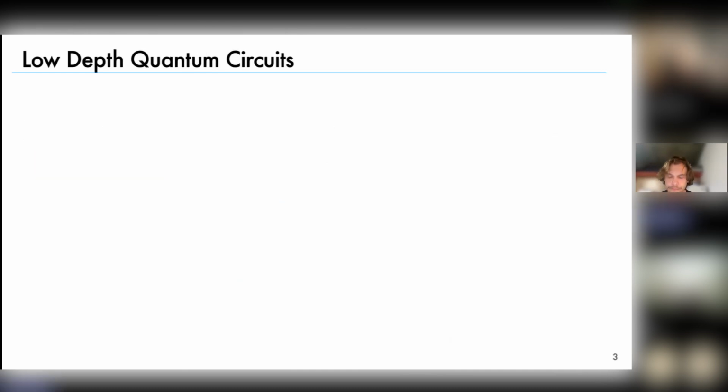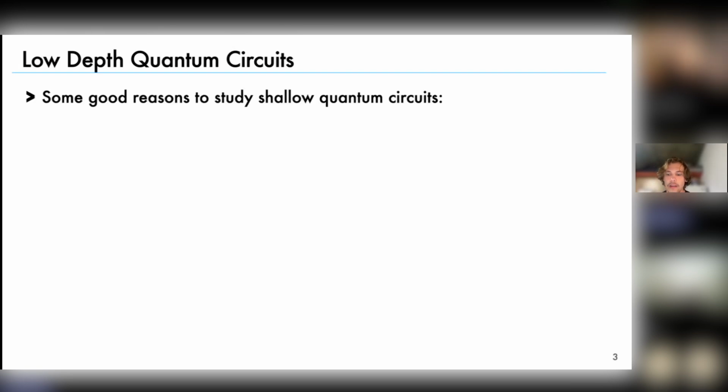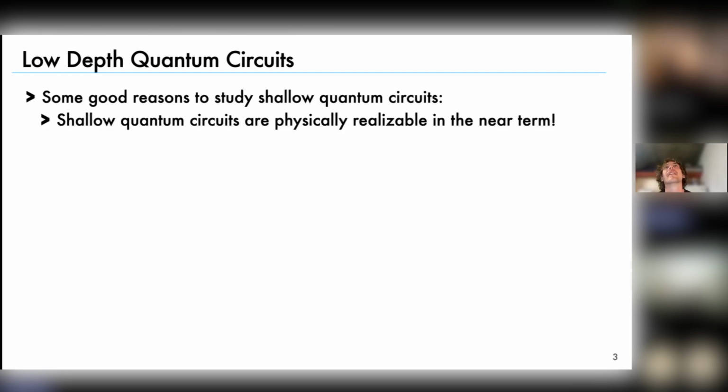Now I'm going to give a brief history and a couple of motivations for why one might want to study these constant depth quantum circuits. The first is that some recent and older work has shown that shallow circuits with large entangling gates, like either fan-out or large Toffoli gates, might be physically realizable in the near term.